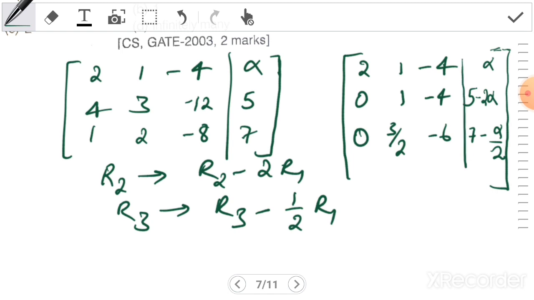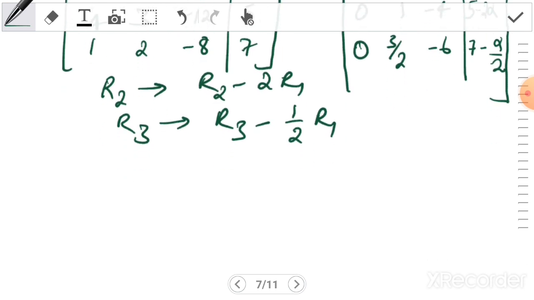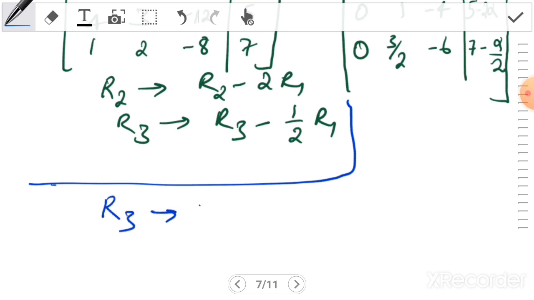Again after this, R3 changes to R3 minus 3 by 2 R2.